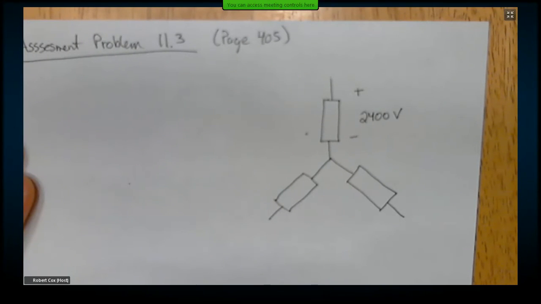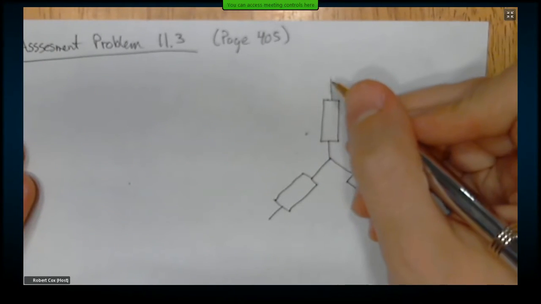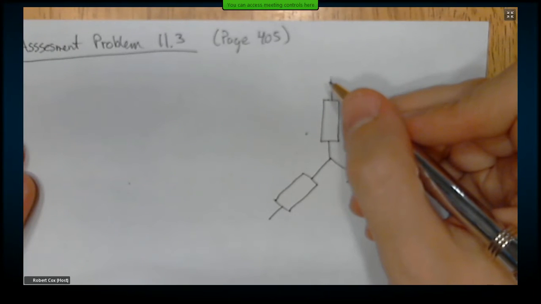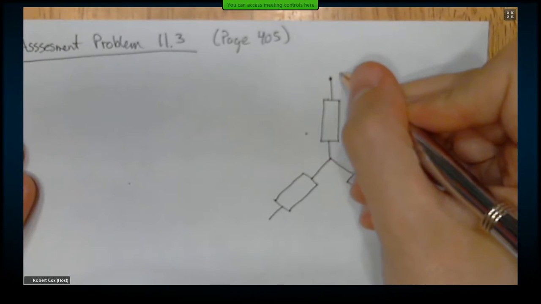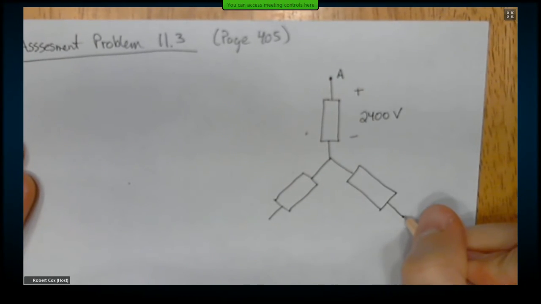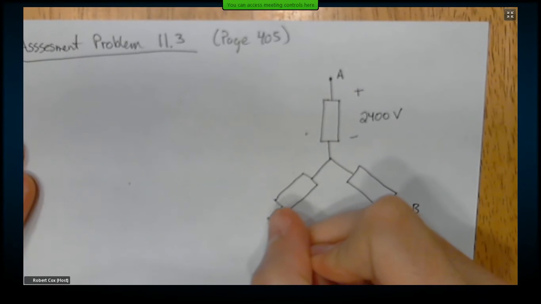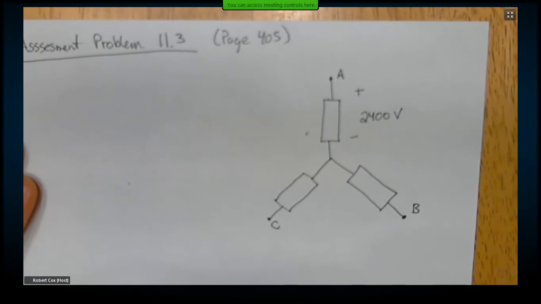I'm just trying to understand exactly how they did this. I guess they're calling this A, B, and C, with capital letters.